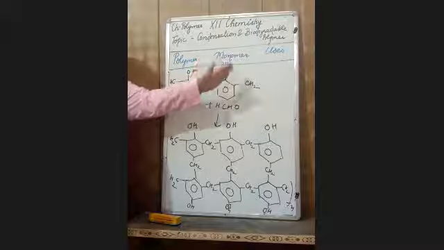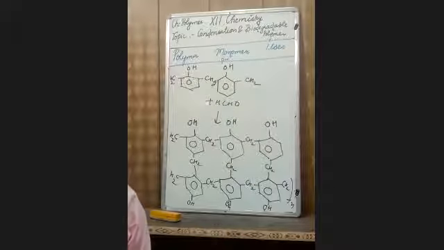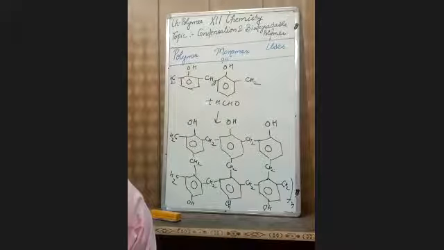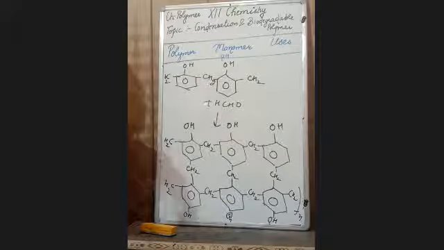Its monomers are phenol and formaldehyde. It is the important one. So many questions come from this. It is a thermosetting polymer. Now, Anish, please tell me what is a thermosetting polymer? Anish, it is a thermosetting polymer, which means it settles and does not regain its shape.